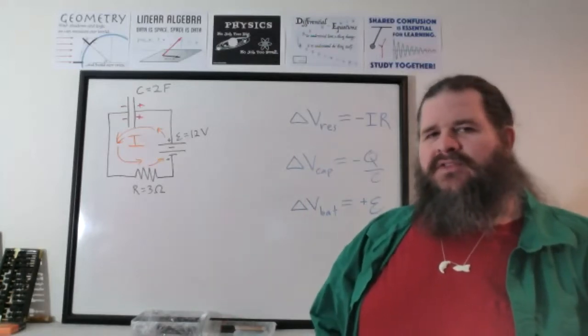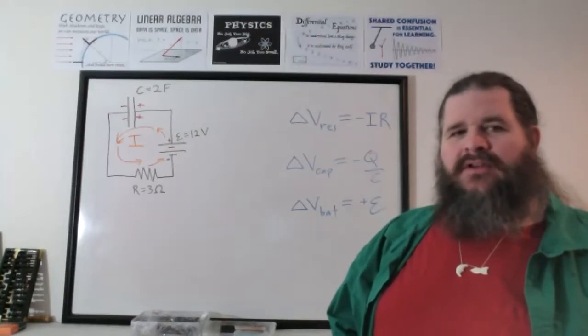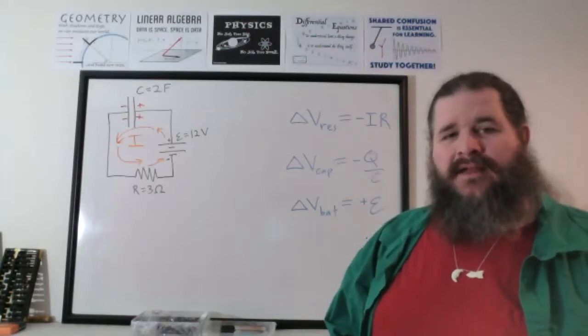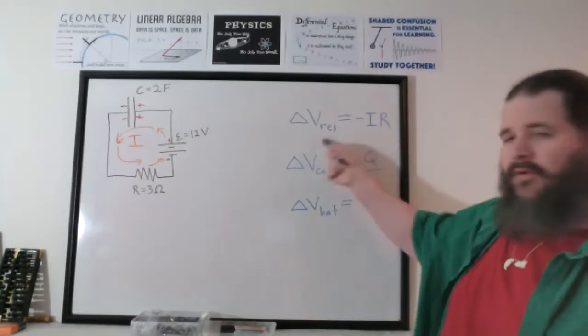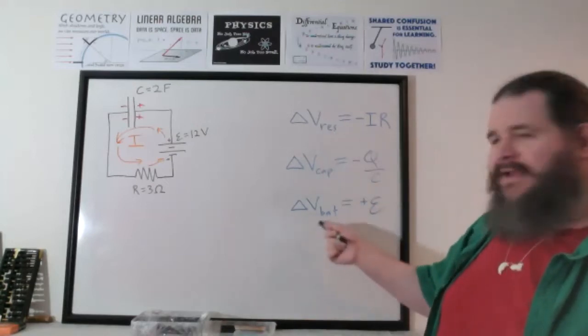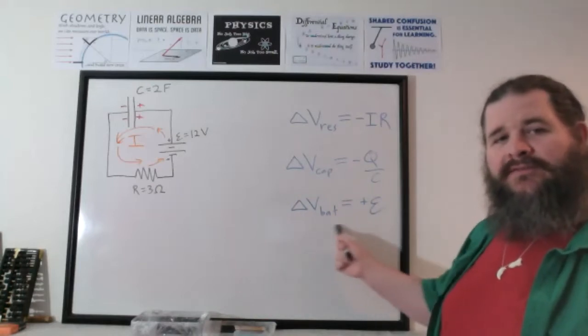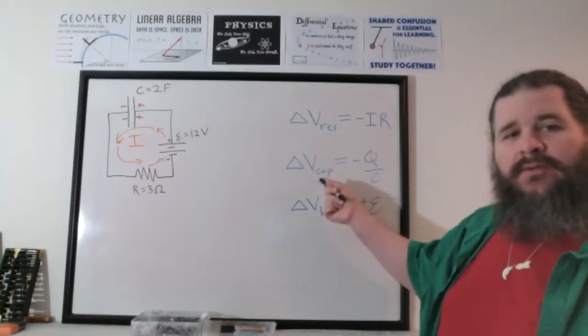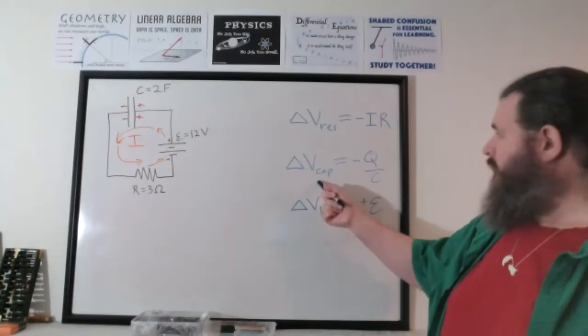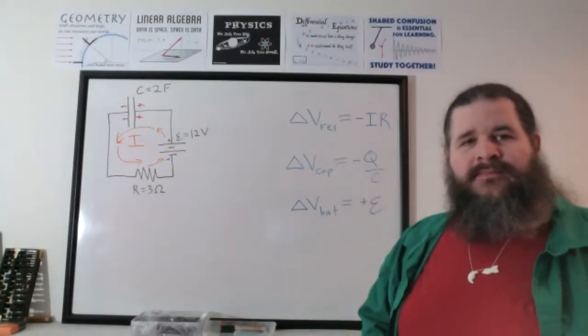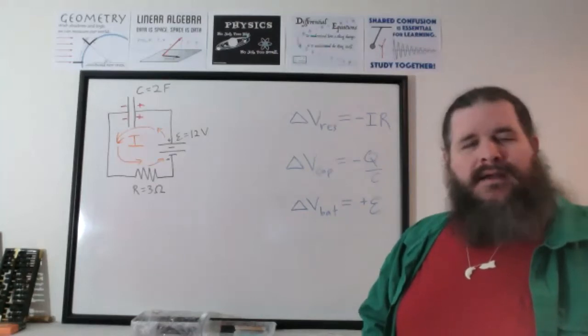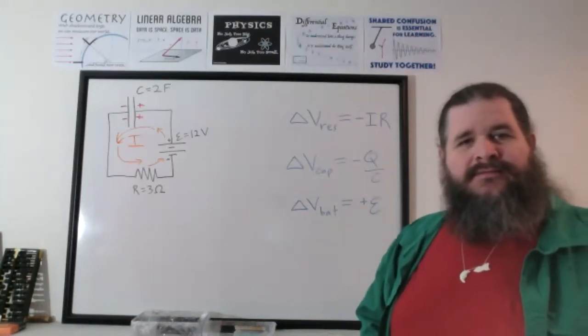But I think it's very inaccurate and misleading to call that acting like a battery or acting like a resistor. Because acting like a resistor means delta voltage is proportional to current. Acting like a battery means a constant delta voltage. And a capacitor doesn't do either of those things. A capacitor has delta voltage proportional to the amount of charge it stores right now. Any other questions on that so far?